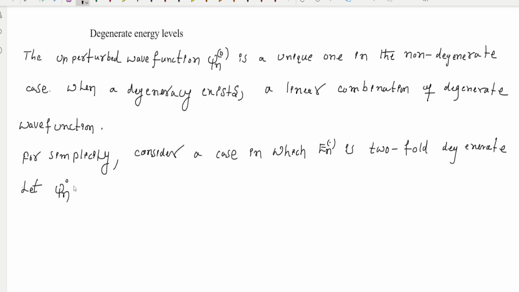One is psi n power 0, another one is psi l power 0. These are the eigenfunctions corresponding to this energy level, the eigen wave functions of the system.